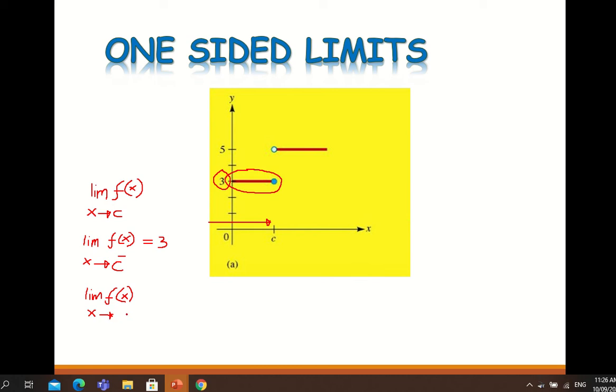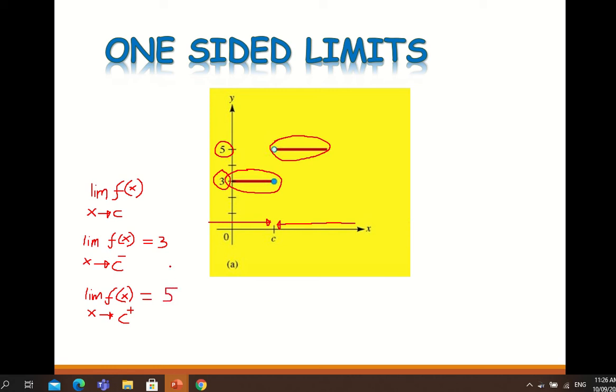We have c, then a positive sign at the head of the c, so it means it's coming from the right towards c. Considering this graph here, what is the limit? For this graph, the limit is equal to 5.